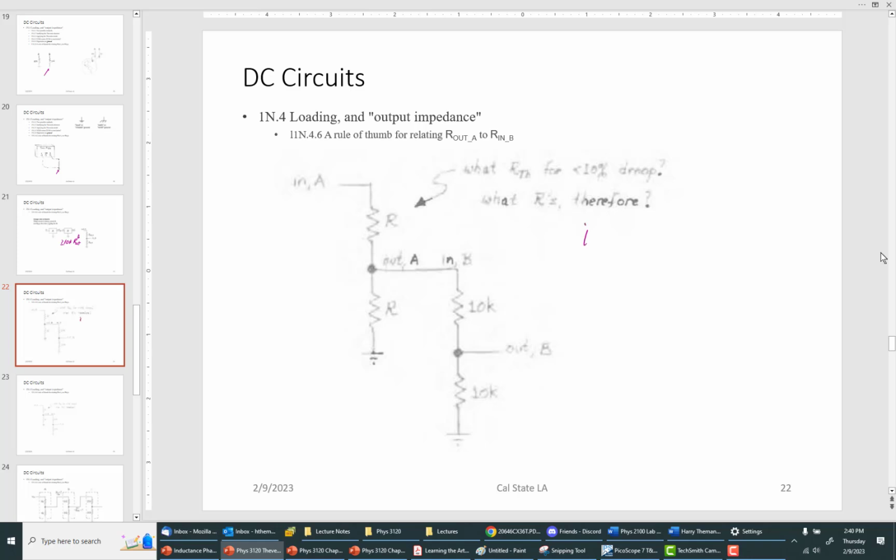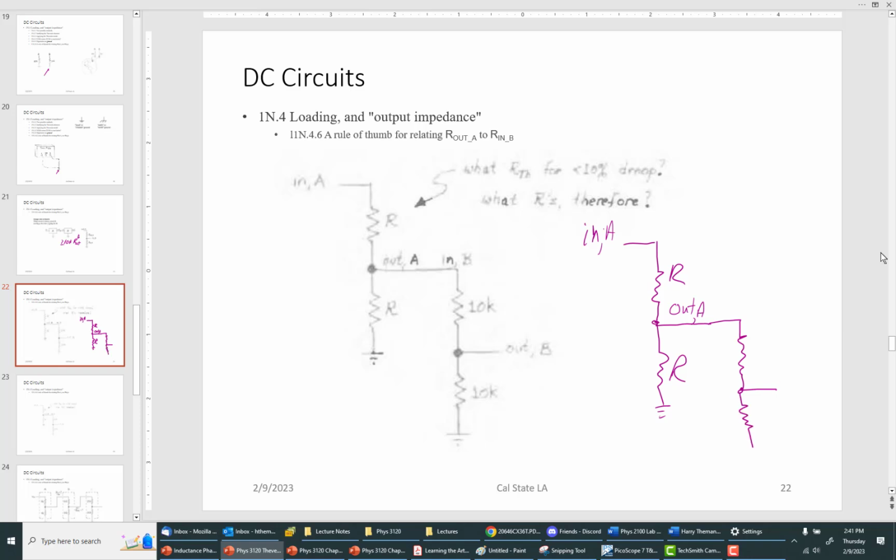Okay, so circuit fragment A, they call this in A. So we have, and they're calling it R. And another R. This is out of A. Now we're taking that into B, and even saying that B is another voltage divider.